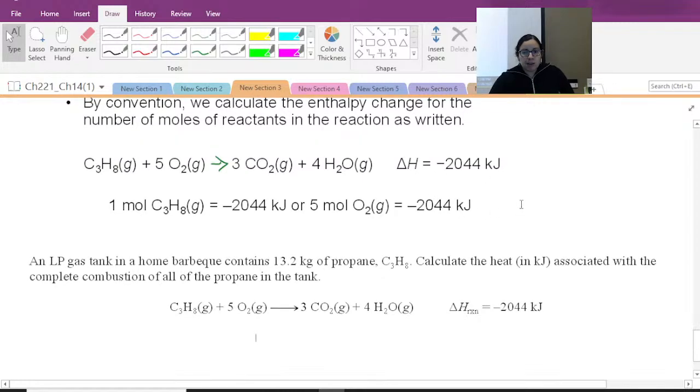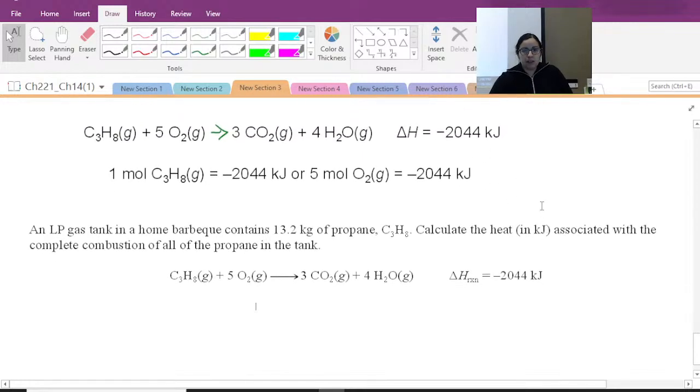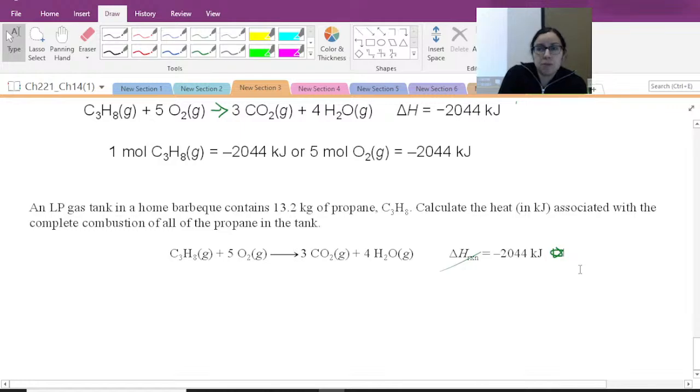And so now let's see if we can take this to the next step. So we have this information. They reworded it or repasted it down there, but can we figure this out? So we have a propane tank in the home. A barbecue has 13.2 kilograms of propane. So note the kilogram.